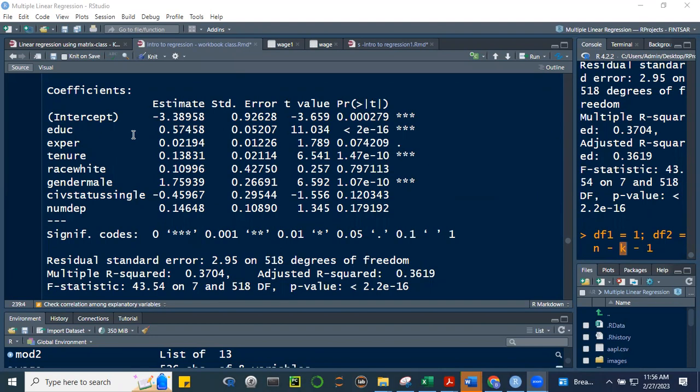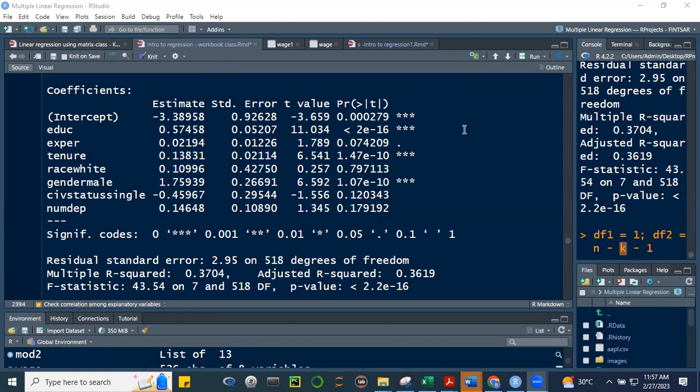All right. Before we move on, may isang question ako. Anong interpretation ng intercept, yung negative $3.39? What does that mean? Anyone? What's the meaning now of the intercept, negative $3.39? We go back to the definition.